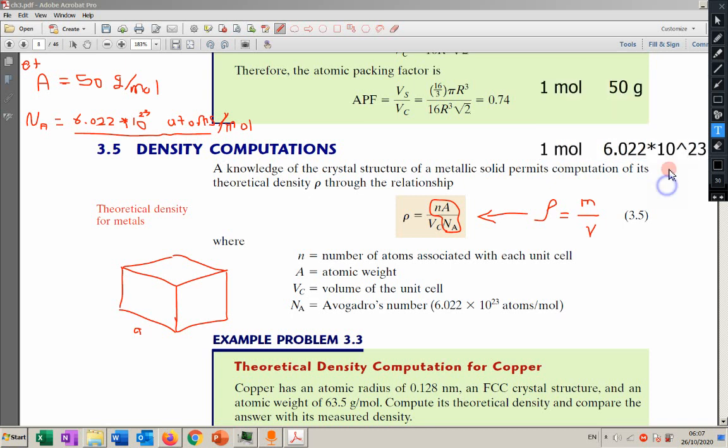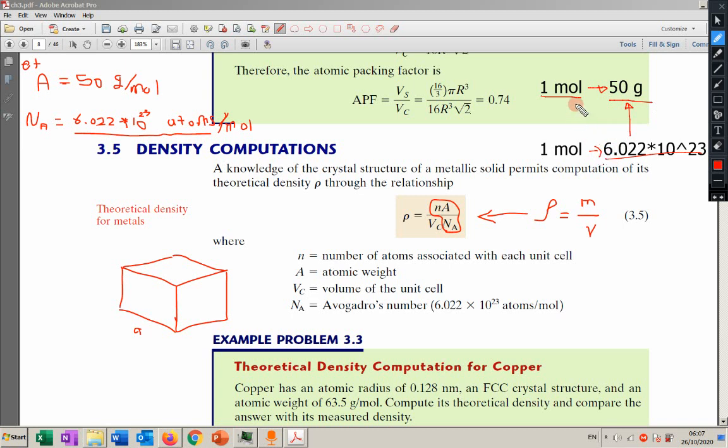Now, I can just simply substitute because 1 mole has this many atoms and 1 mole also weighs 50 gram. So what does it mean? It means that this amount of atoms together weigh 50 gram.